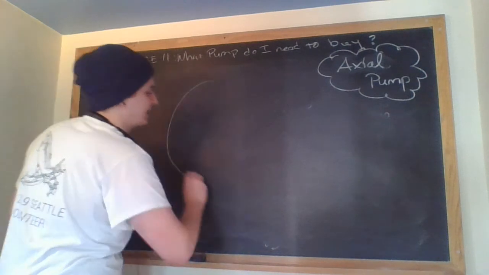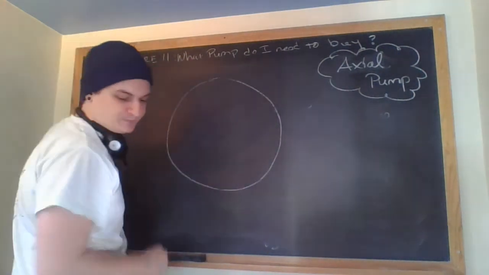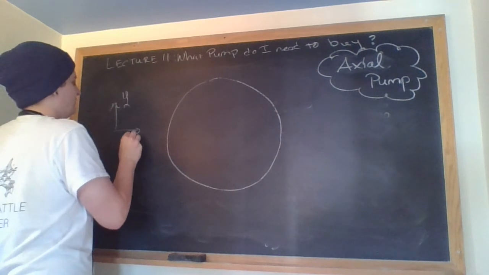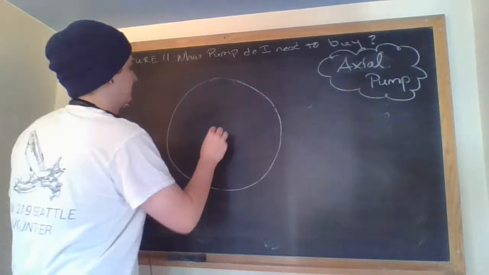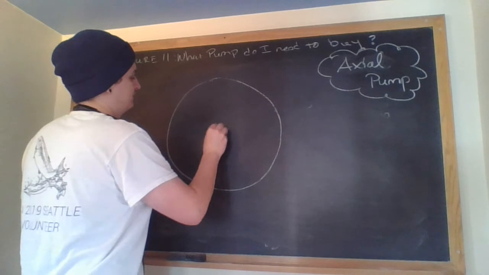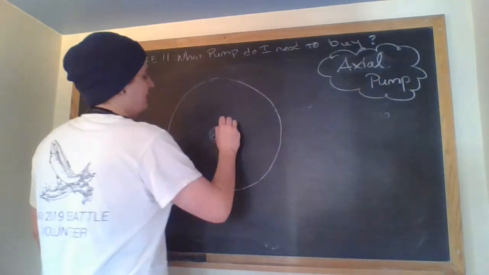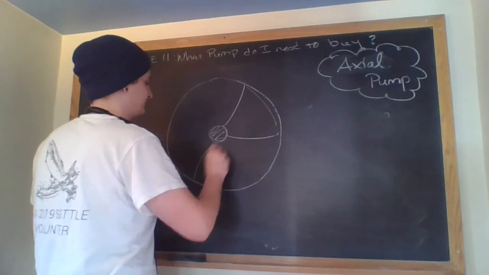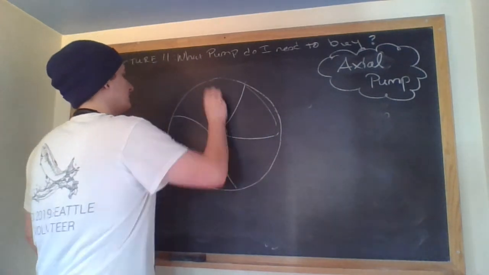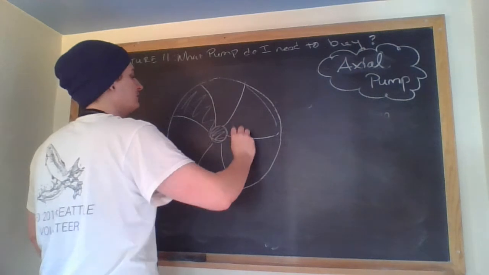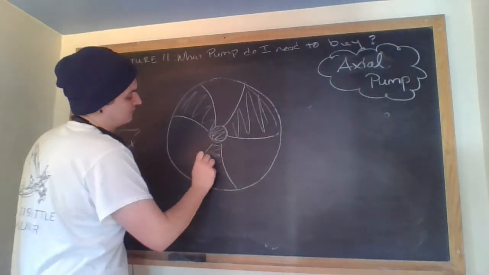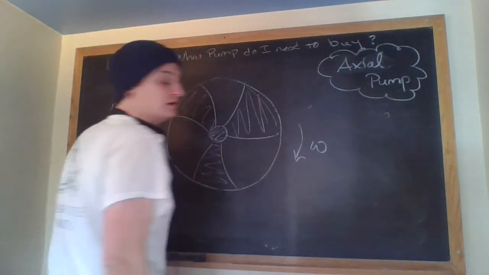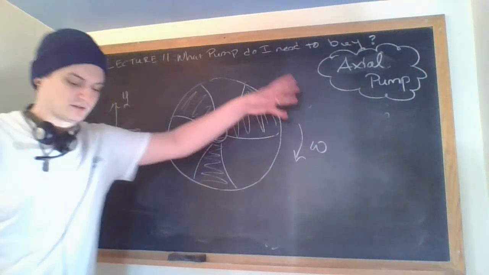If I do the same thing now, keep comparing to the previous example I had where I looked at a fuel pump, right? And if you do it this way, something like this, I still have a radius, and I still have an angular velocity.